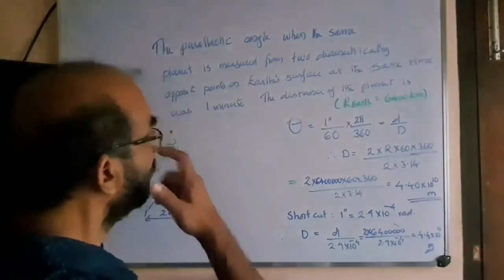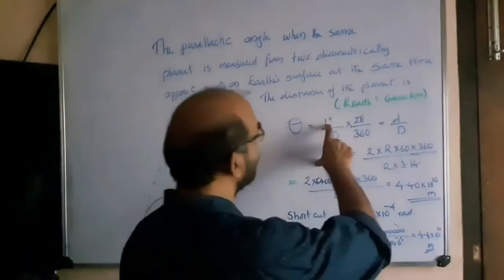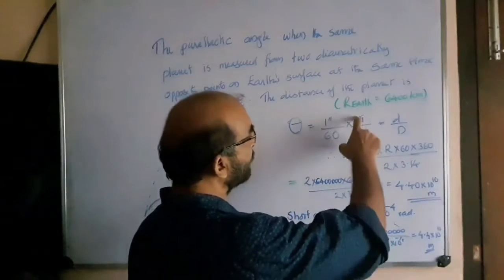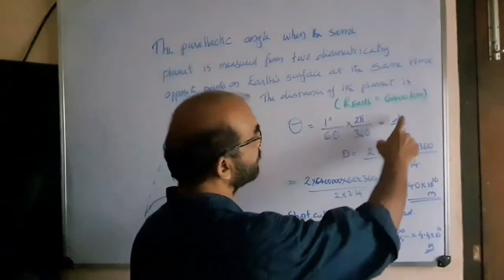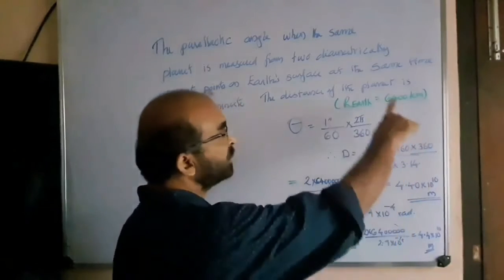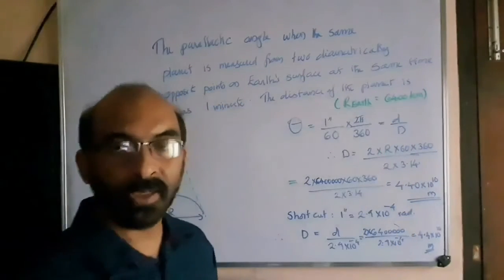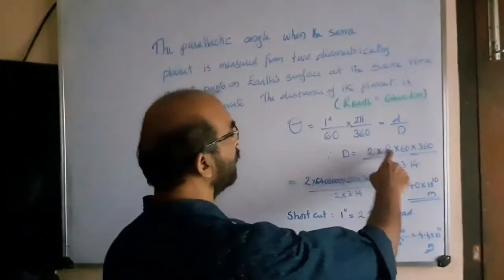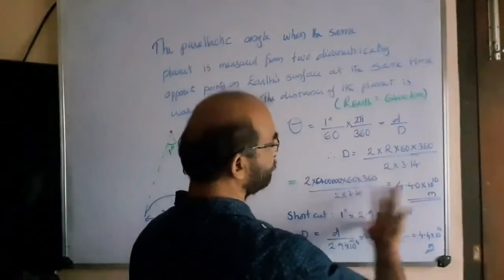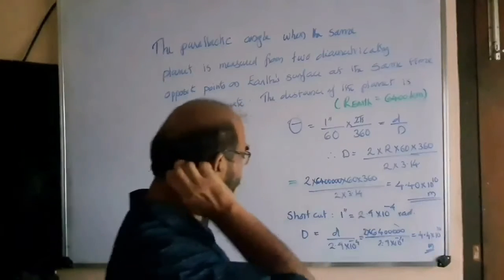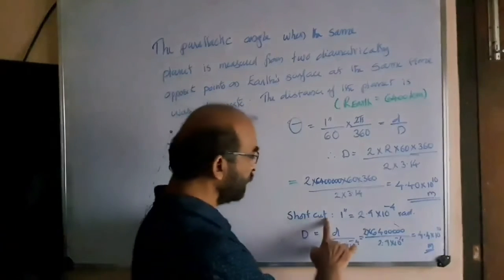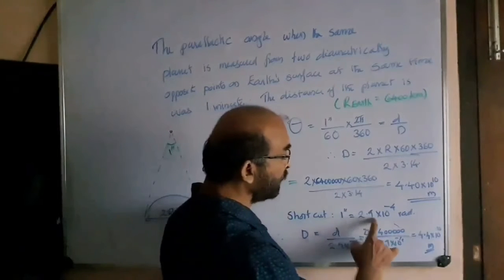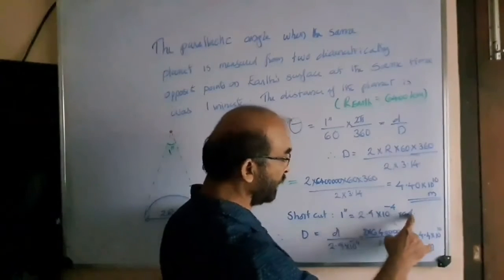Now, theta, 1 minute, 1 by 60 degree into the conversion factor to radian 2 pi by 360, is equal to small d by capital D. Small d is twice the radius. Earth's radius has been given in the question. So 2 into r, rearrange, you get D. That involves more calculation. On the other hand, you can do it by shortcut by remembering that 1 minute is 2.9 into 10 to the power of minus 4 radian.